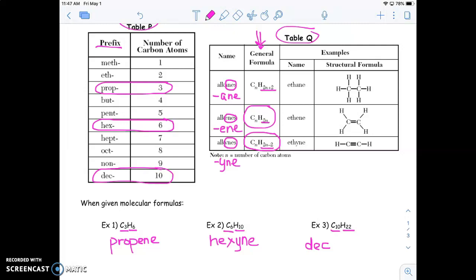And then how do I get from 20 to 22? I add 2. So in which general formula is the number of H's double the number of C's plus 2 more? So this is an alkane. So the name is going to end in ane. So this is a molecule of decane.